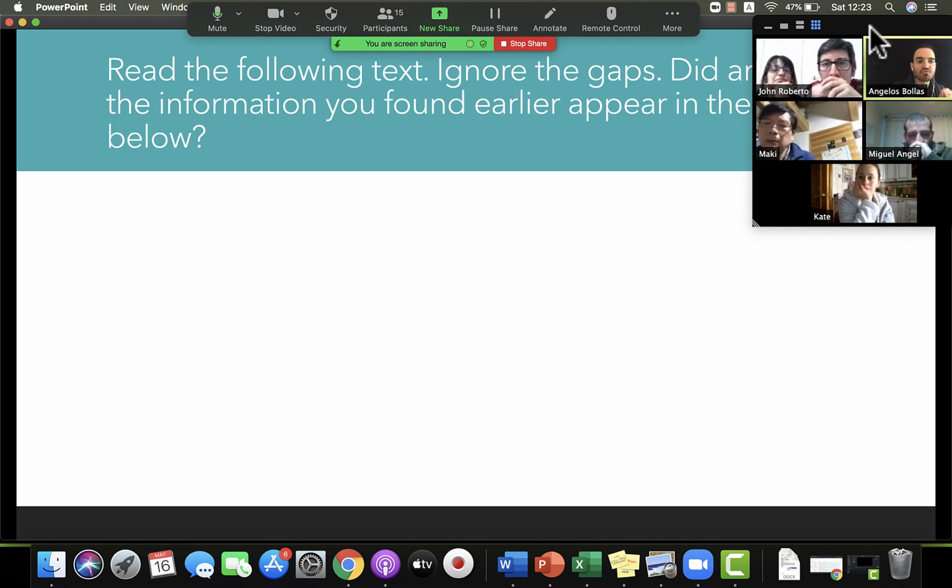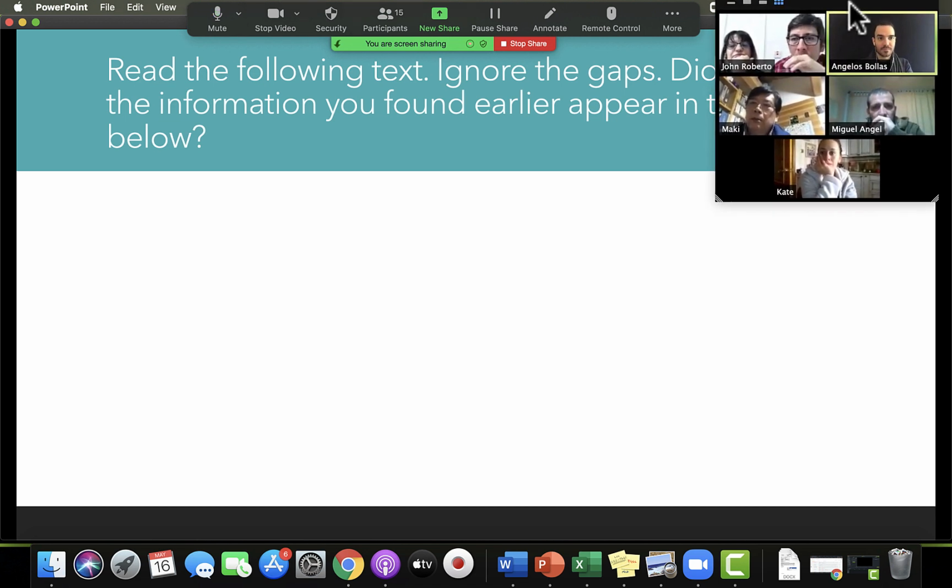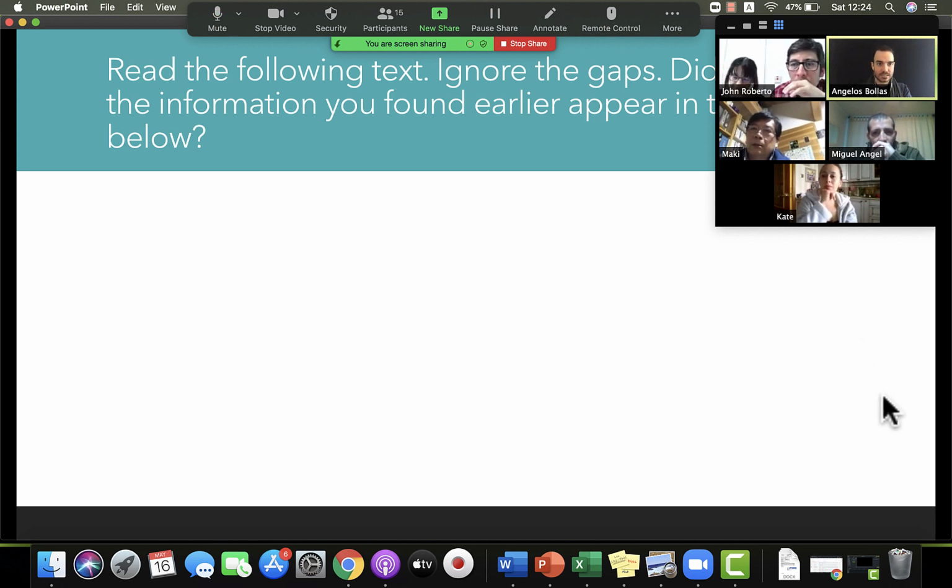I'd like you to read the text quickly, maybe 30 seconds, and tell me if any of the information we found earlier appears in the text. If you see the gaps, do you have to complete them? No, just ignore. Read quickly. Let's go.